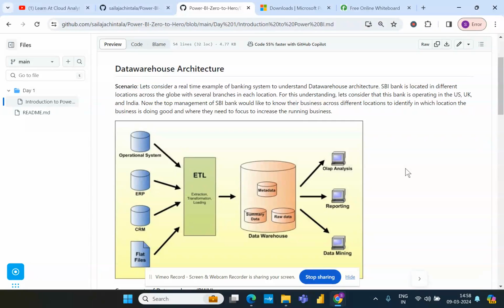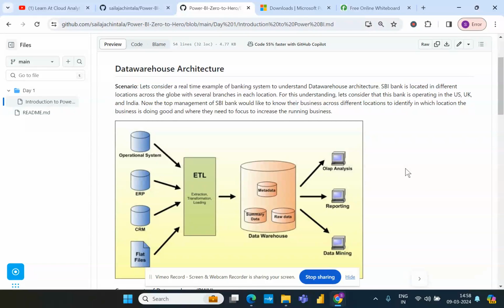Now, assuming that SBI Bank is located across the globe with several branches in different locations, but for ease of understanding, let's pick only three different locations. So here for our understanding, I have considered US, UK and India.